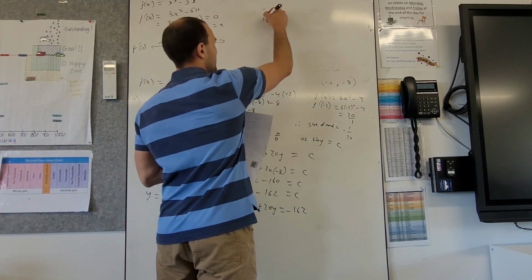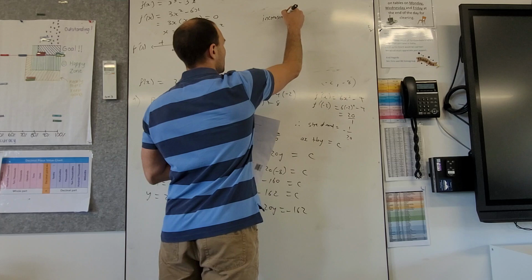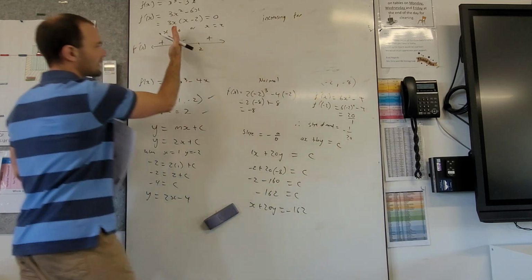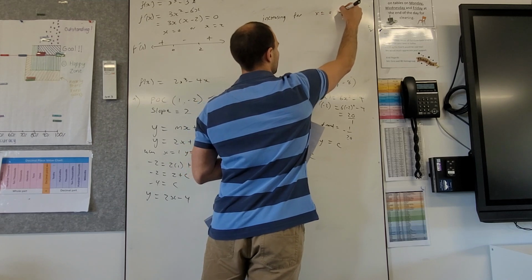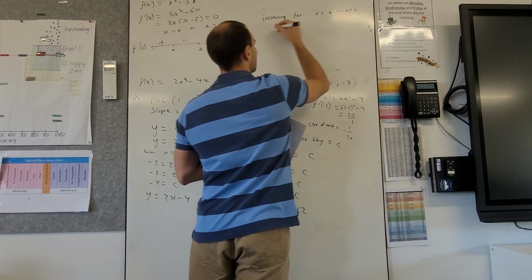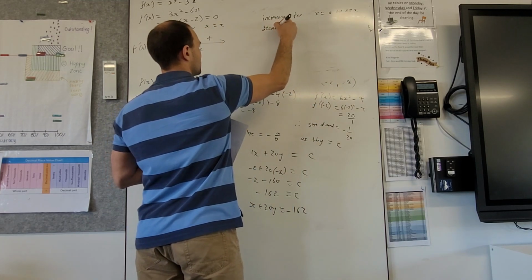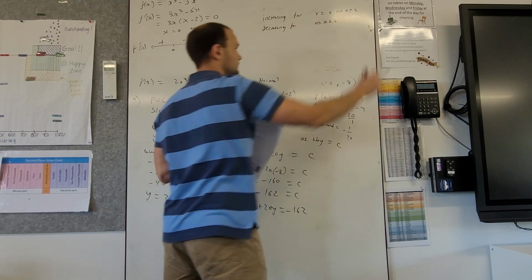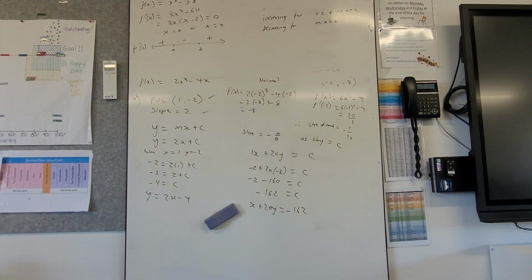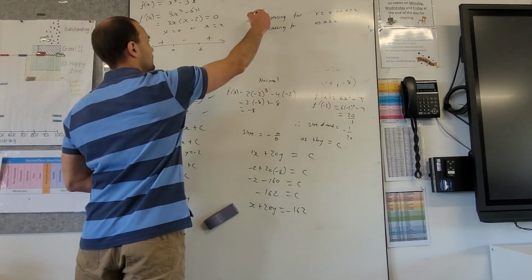So we're increasing when the slope is positive, and that is when x is less than 0 and greater than 2. Decreasing within that interval. So that's part B.